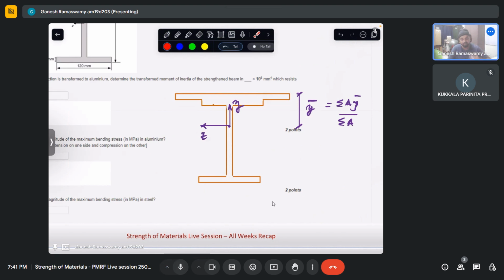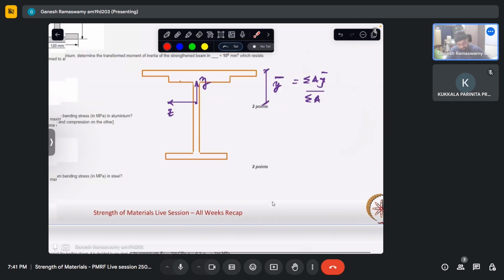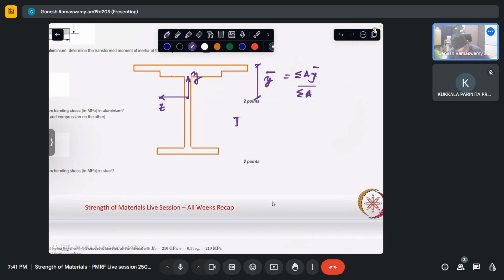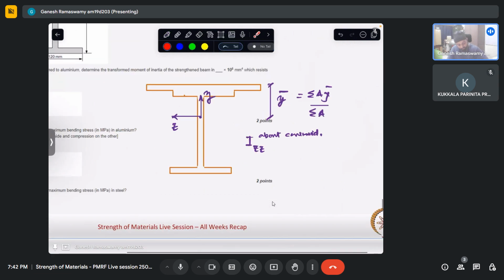So the moment of inertia about its centroid. Now we can actually see it won't be at half the distance because there is more material towards the top, so it will pull the centroid towards itself.